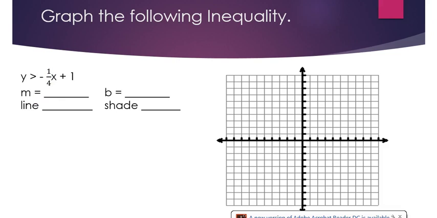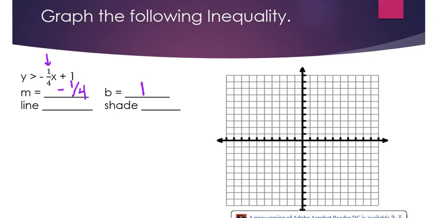So our slope is the coefficient of x. So in this case, there is a negative sign. So it's a negative 1/4. Okay? My y-intercept is the constant at the end with the sign, so it's a positive 1.